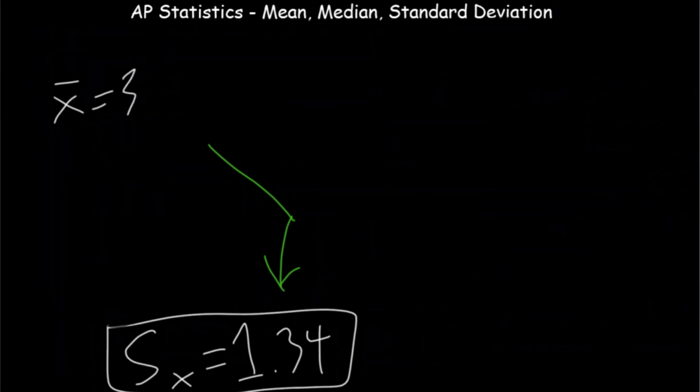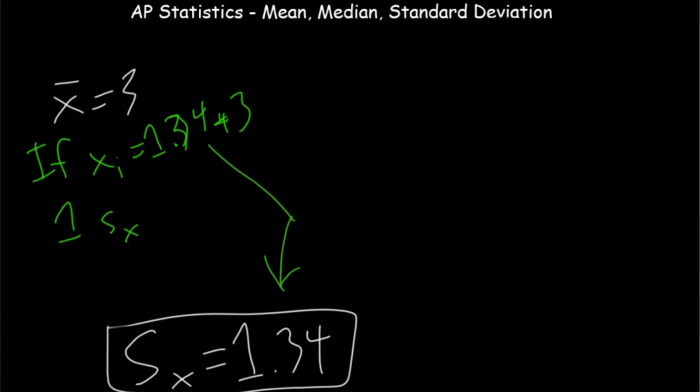Now, since the standard deviation is 1.34, if a value is greater than 3 by 1.34, which is the standard deviation, then that means it's one standard deviation greater than 3, right?